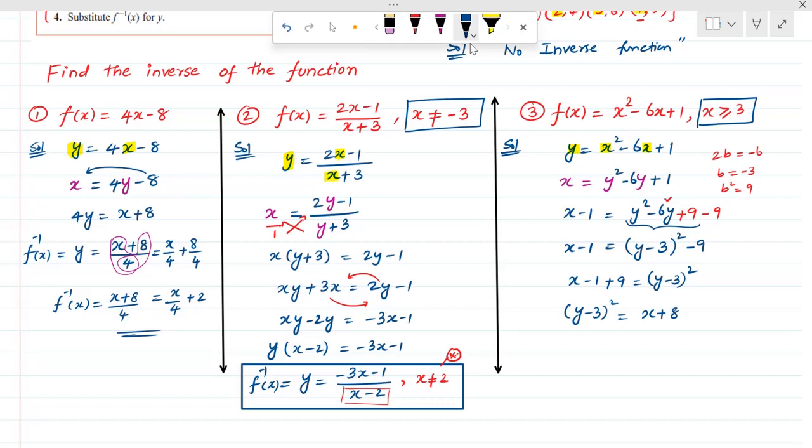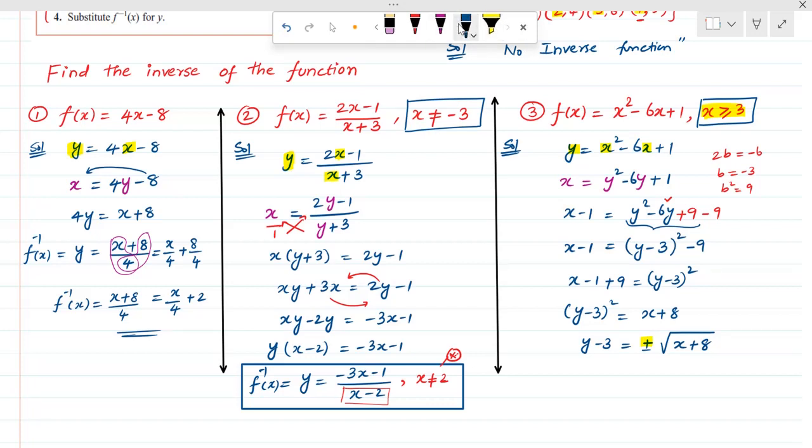If you take the square root on both sides, what will you get here? The square cancels. You will get plus or minus the square root of x + 8. Here you have two solutions, but we have to take only one solution. Why? Here x is more than 3. Whenever it is more than, I will take the positive. If it is given less than, I will take the negative part.